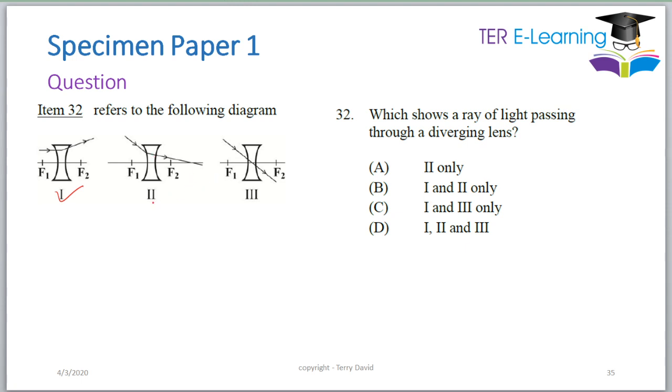For this particular one, I'm not sure what they're showing here, but that's not one of the diagrams that we know. In the case of the third one, if a ray passes through the center, it's undeviated. So therefore 3 is correct. So therefore the answer is 1 and 3, right?